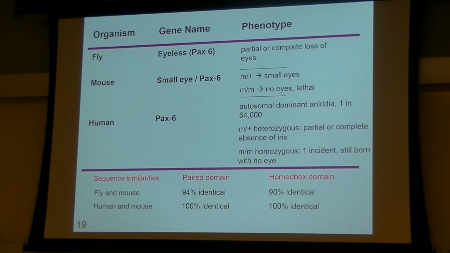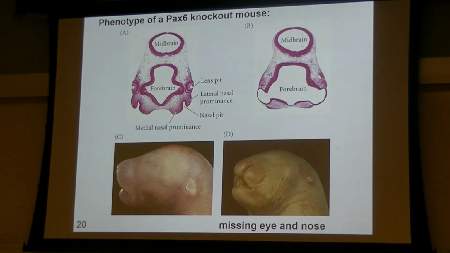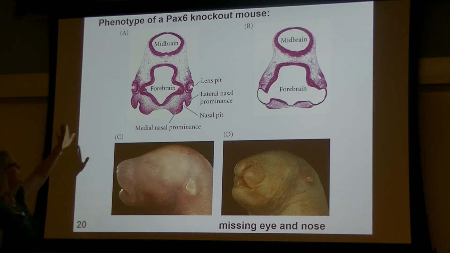So in Drosophila, if we mutate PAX6, we get eyeless. What about in mouse? So here's a PAX6 knockout mouse. This is like a golden opportunity to have a gene of interest and go in and do reverse genetics and make a knockout mouse and see what happens. And so here is the slice through the developing brain, forebrain and midbrain, and right at the diencephalon we should be seeing some nice optic cups.